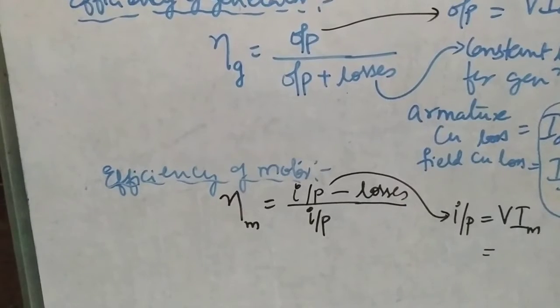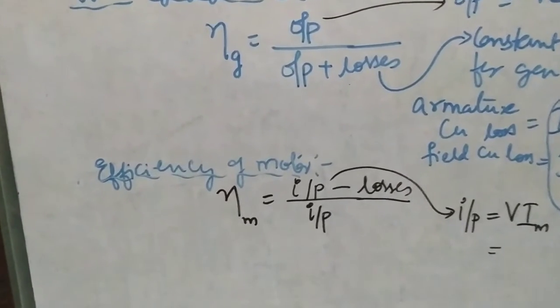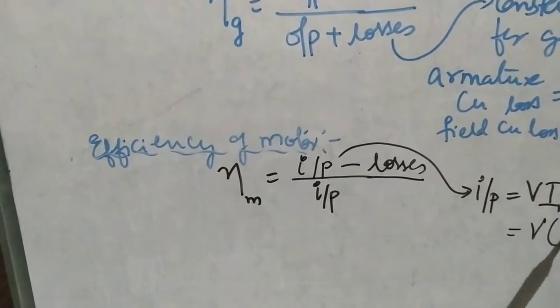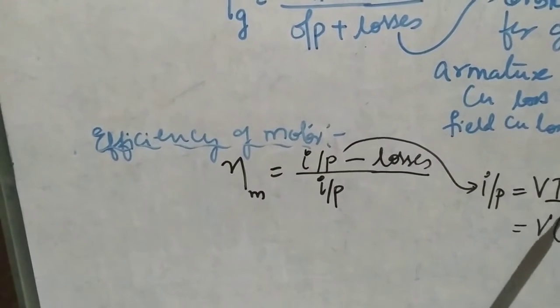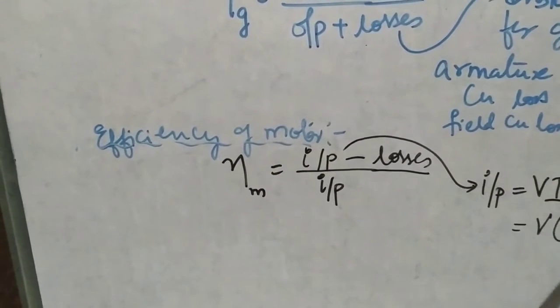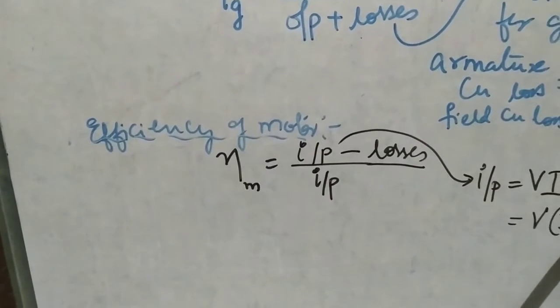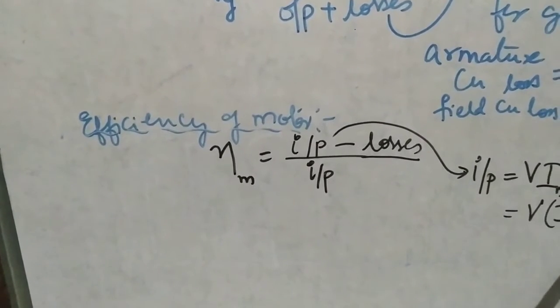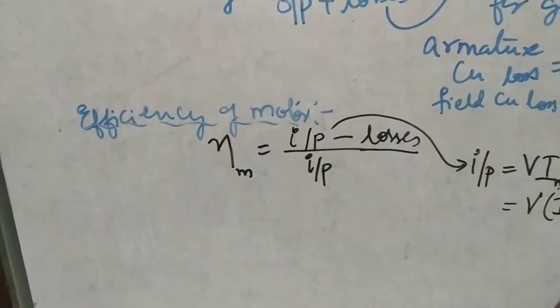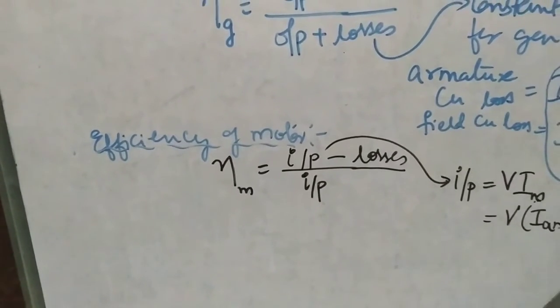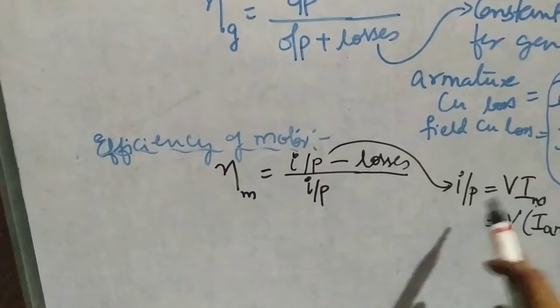If you observe, this is nothing but the line current, V into IL. It was a sum of the armature current plus the shunt field current. So we have to include these two values. So that will be the input.